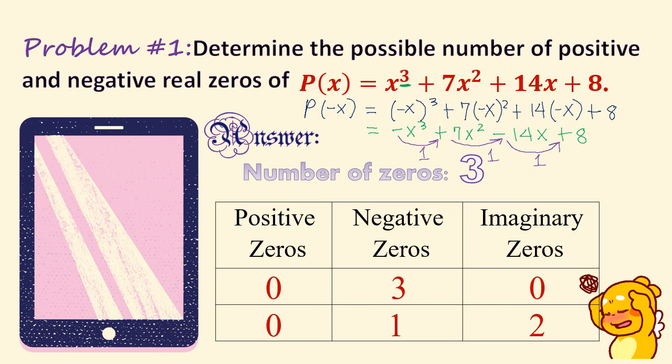So if you're going to get the roots of the given polynomial function and it happens that you found 2 positive zeros and 1 negative zero, then that means you are wrong. So again, the possibilities of your answer would be 0, 3 or 0, 1. So that's the purpose of applying the Descartes rule of signs.